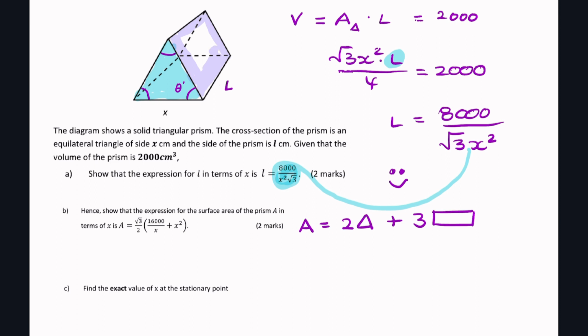Each of these rectangles has the same dimensions, L times X. So the rectangles are each L times X. And the triangles we've already established are root 3x squared over 4. So if you multiply that by 2, that'll give you root 3x squared over 2.